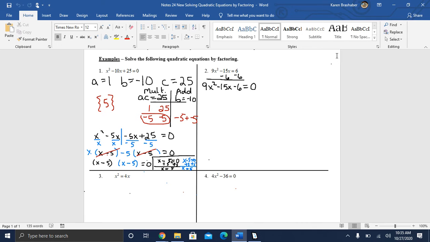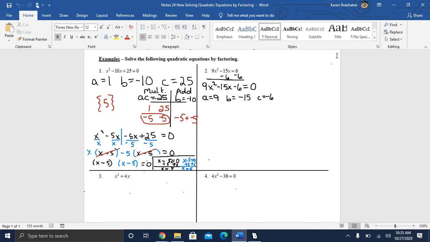Now, I noticed that there is a greatest common factor that I could divide out, but a lot of people don't recognize that. So I'm just going to work it from here as is. So I'll identify that A is 9, that B is negative 15, and that C is negative 6.